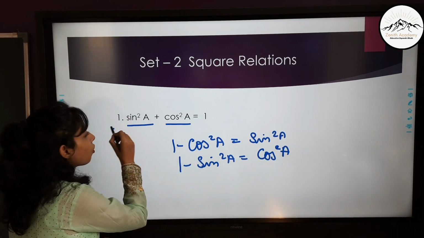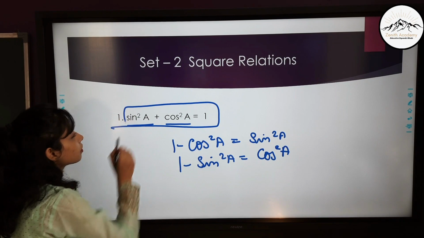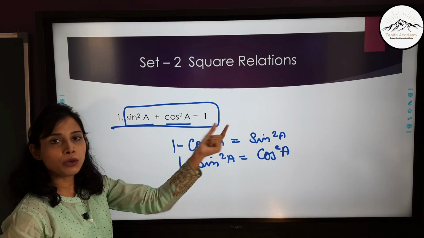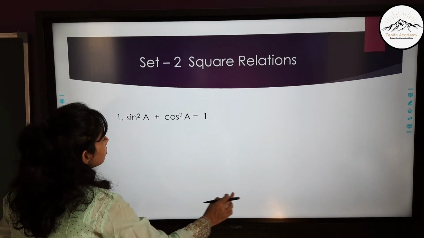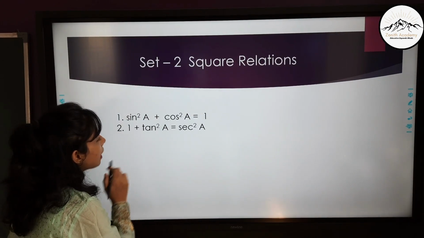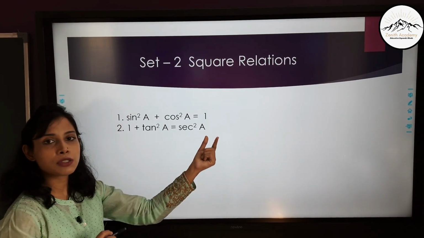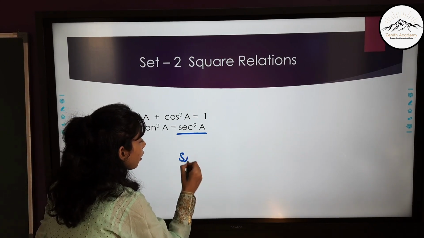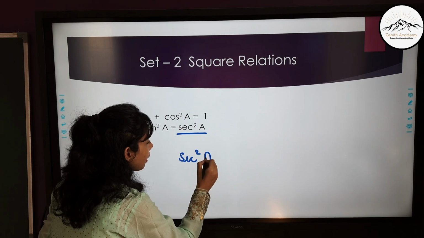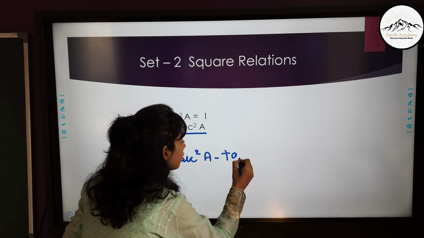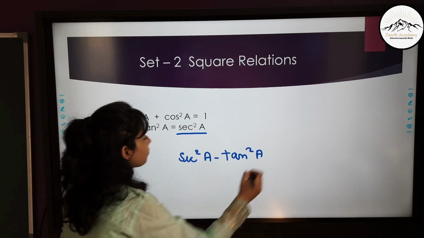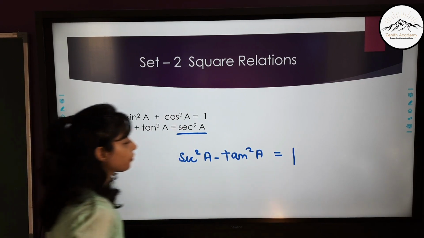So this is the most important and basic square relation. Sine square A plus cos square A is equal to 1. The second relation is 1 plus tan square A is equal to sec square A. So if I write sec square A minus tan square A, shifting tan on the other side, what I'll get? 1.